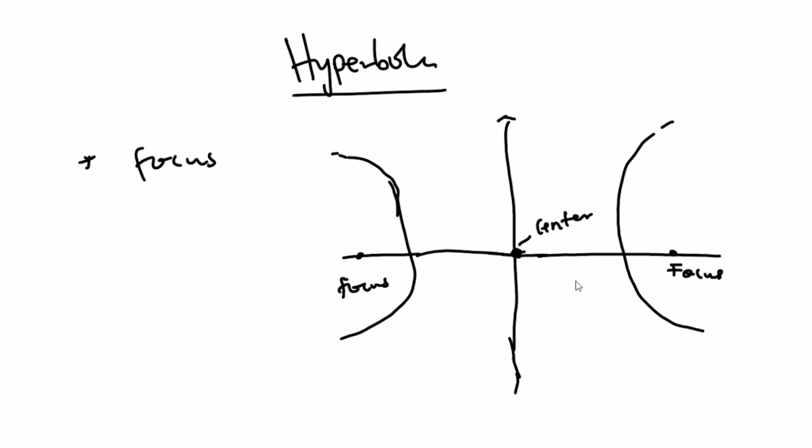The line joining the foci is the transverse axis. Now, this is the line which is joining what? The focus or the foci, which is the plural form. And it's called what? The transverse axis.